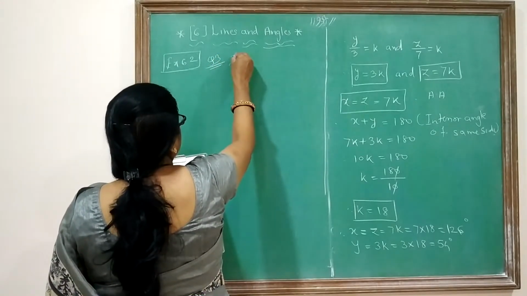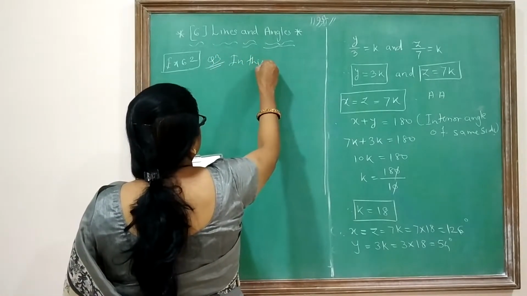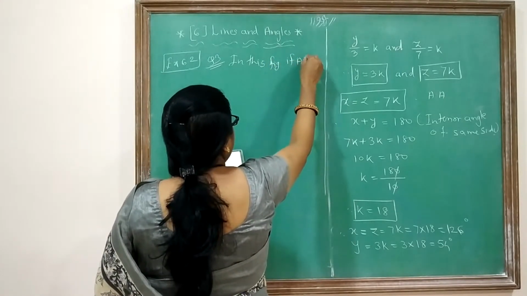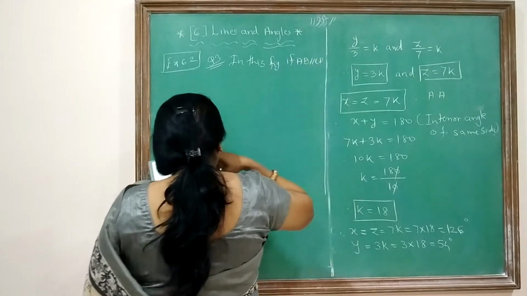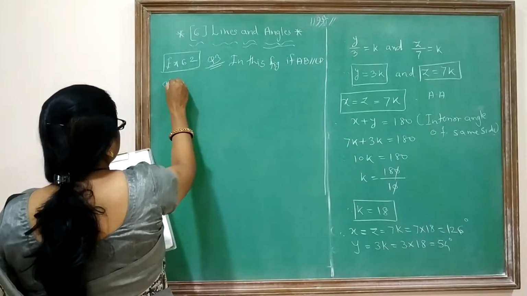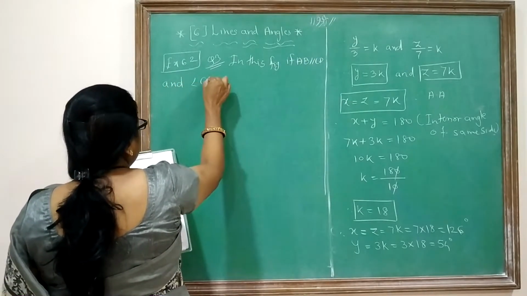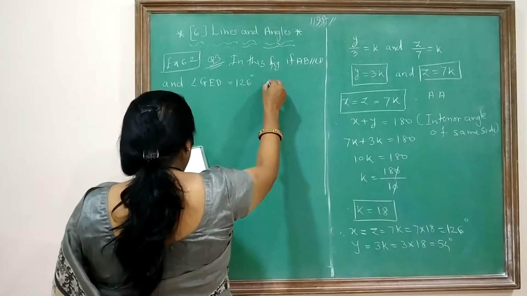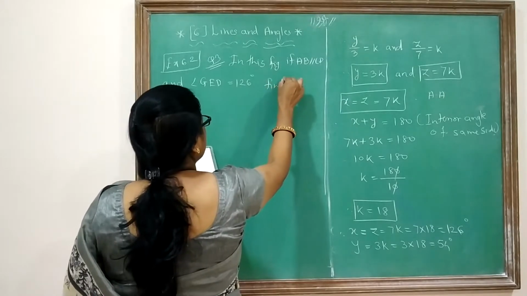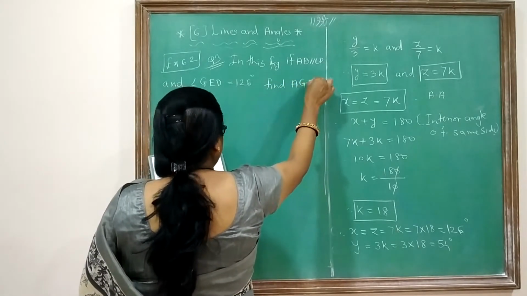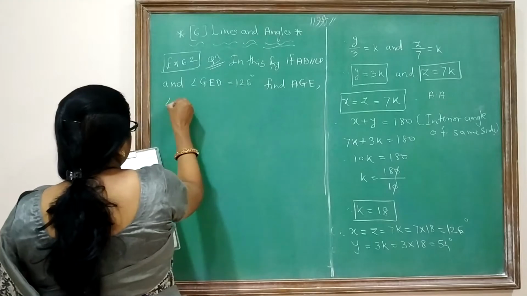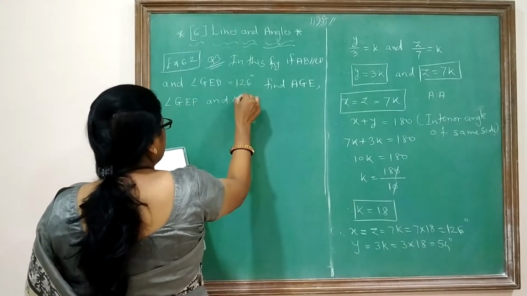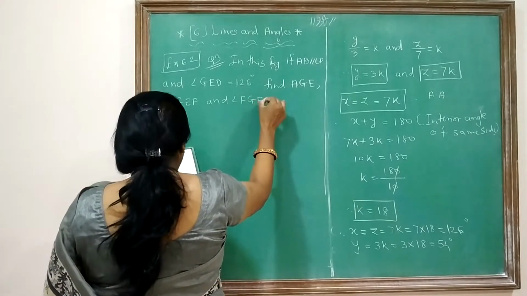In this figure, if AB parallel to CD and angle GED equal to 126 degree, find angle AGE, angle GEF and angle FGE.